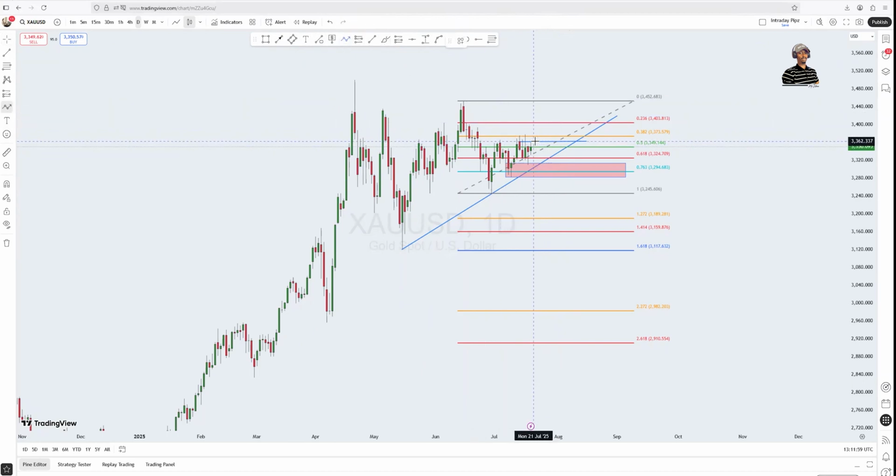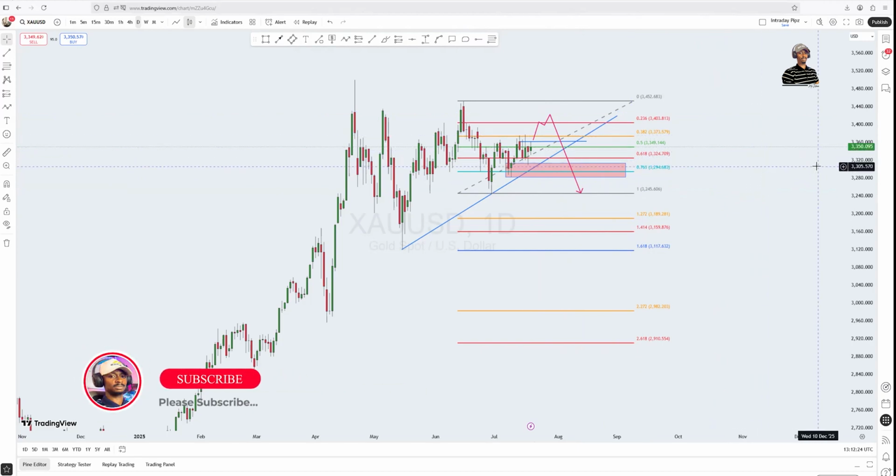As price closed above 3363, I'm going to be looking forward for buys into this level, a little bit of a push into this, maybe 50% of that. And of course, I will be expecting price to push back downwards. This is basically what I'm going to be looking out for on gold.